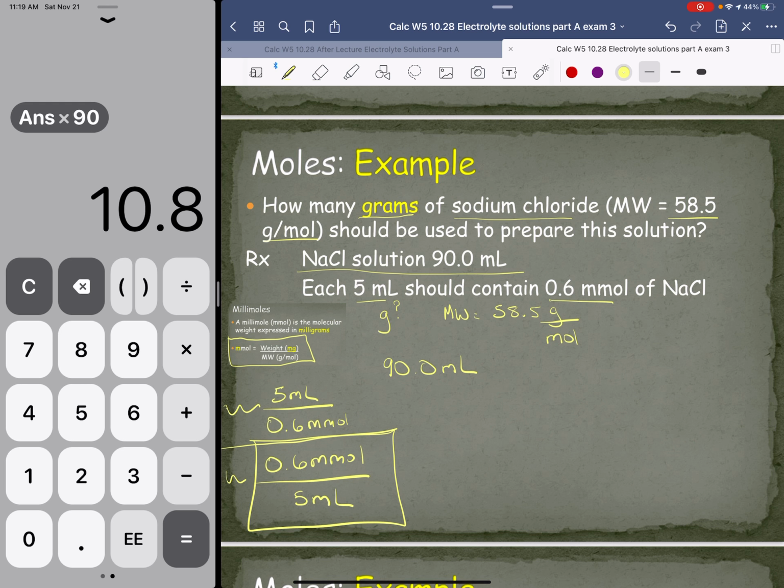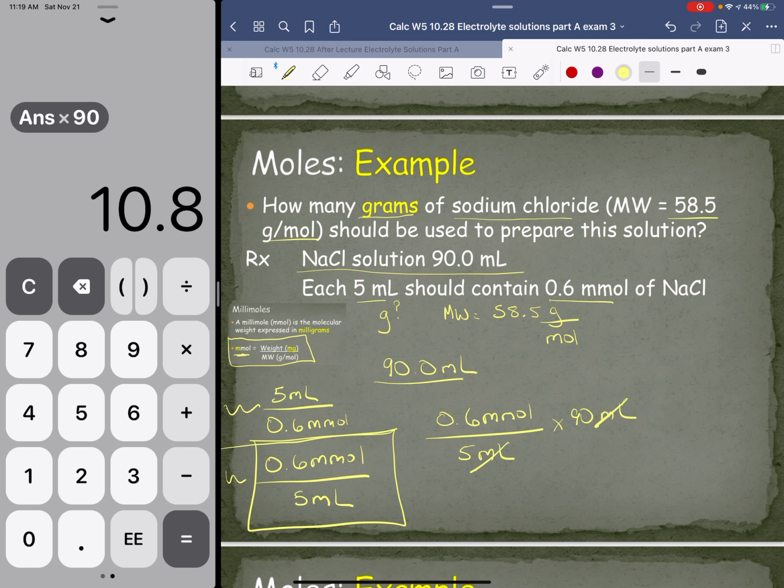Okay, so first I'm going to find out how many millimoles I have, because I need to know that in order to finish solving this problem. There are 0.6 millimoles per 5 mLs of solution, and I need 90 milliliters of solution altogether.